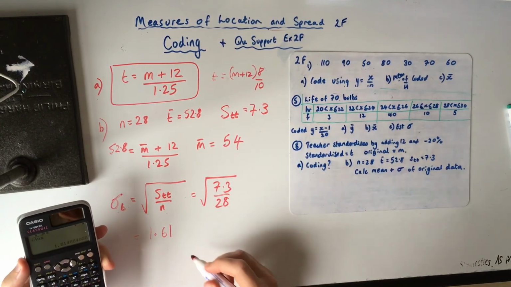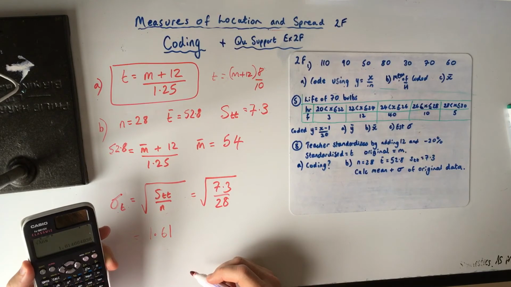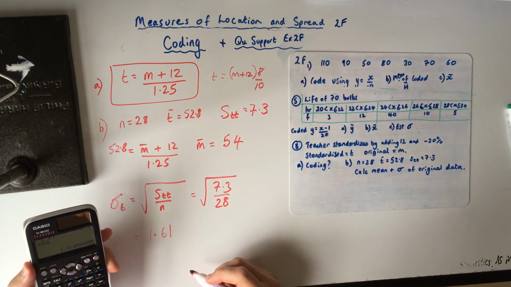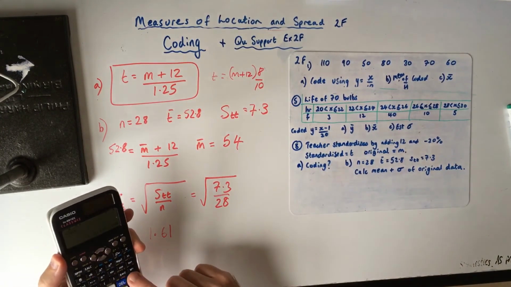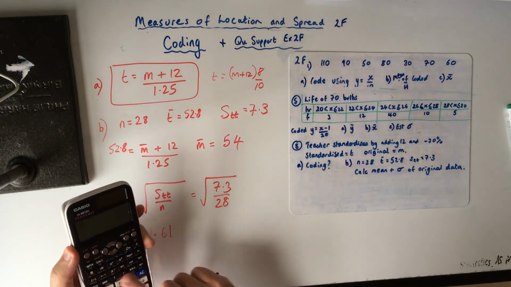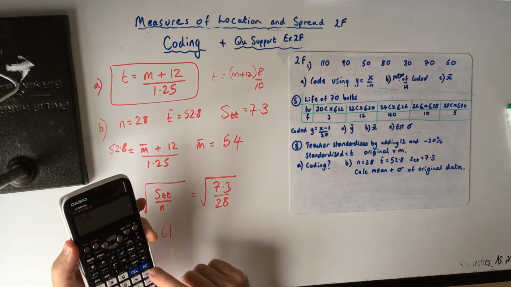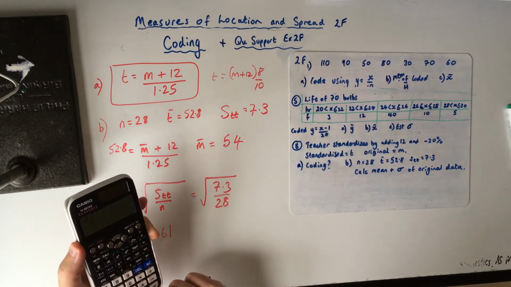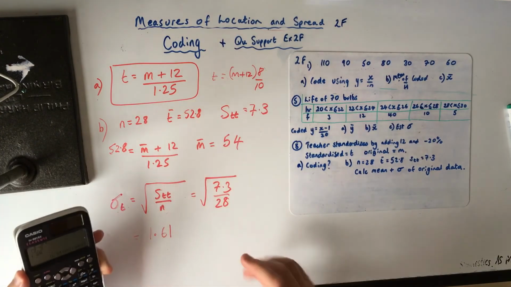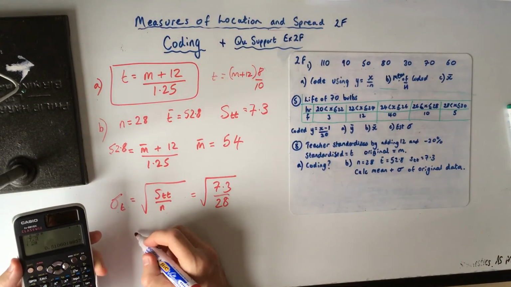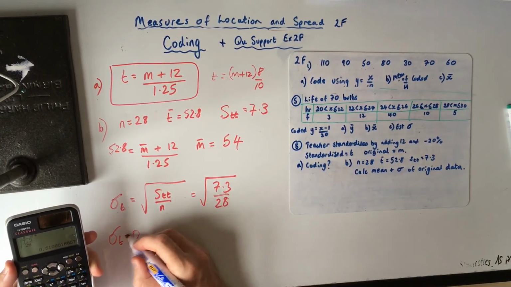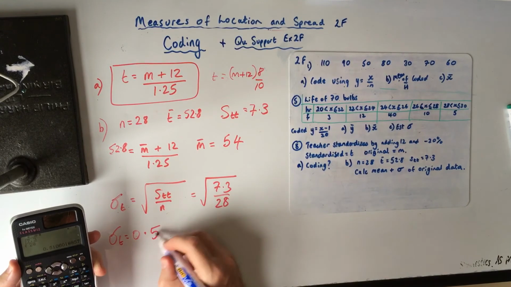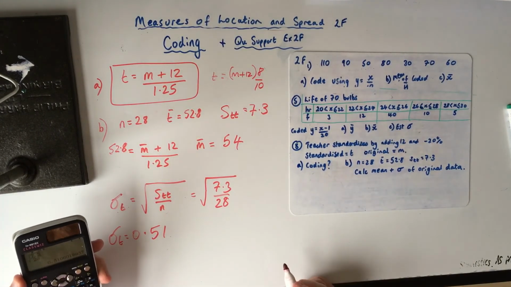I don't think that's what I got before. Let's just do that again. Square root of 7.3 over 28. Oh, I don't get that at all. That looks better. So that is equal to 0.51.